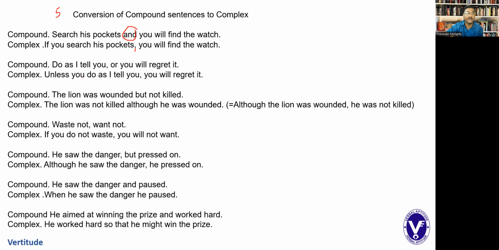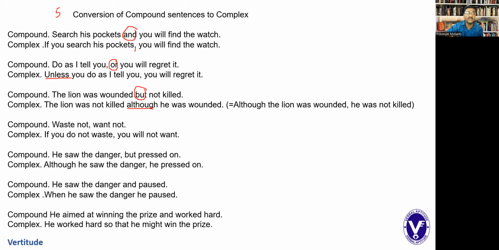That is an independent clause. Do as I tell you, or you will regret it. Compound. Unless you do as I tell you, you will regret it. The lion was wounded but not killed. The lion was not killed, although he was wounded.